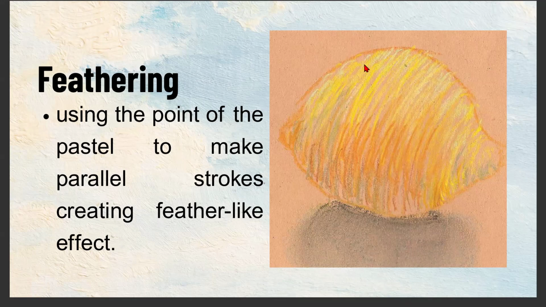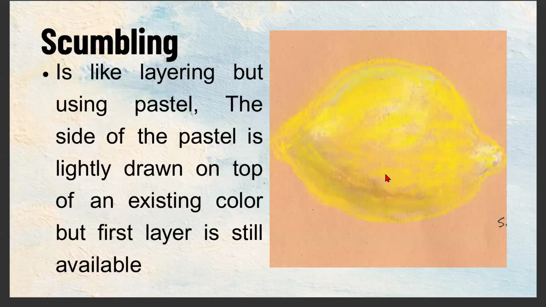In order for you to achieve this, you need to use the tip of the pastel itself, because you want to create a gentle texture. This technique is commonly good for drawing hair or even drawing grass. So that's feathering for you.